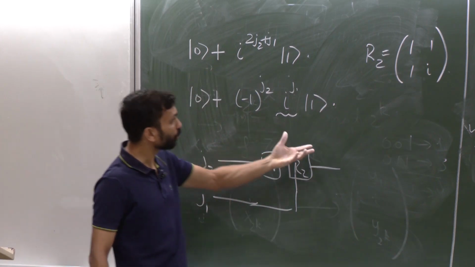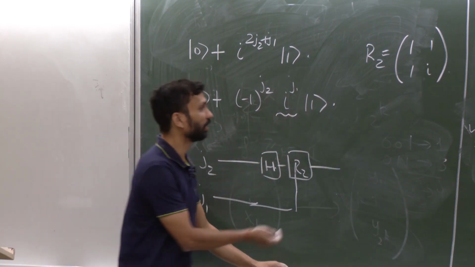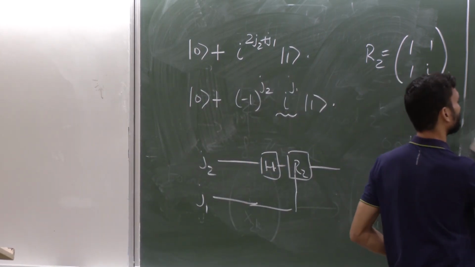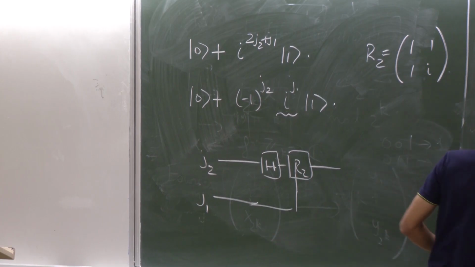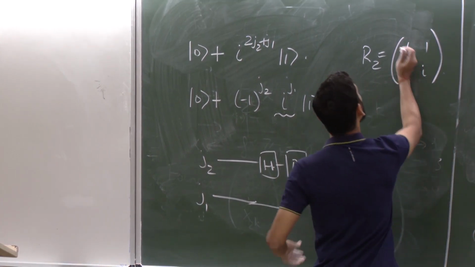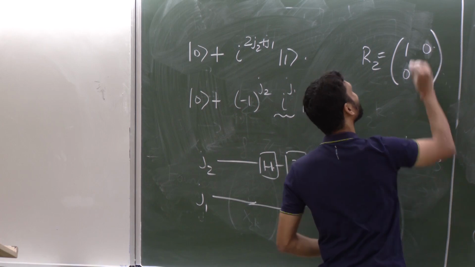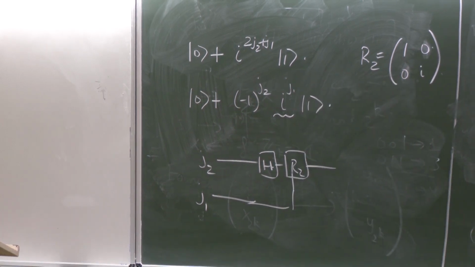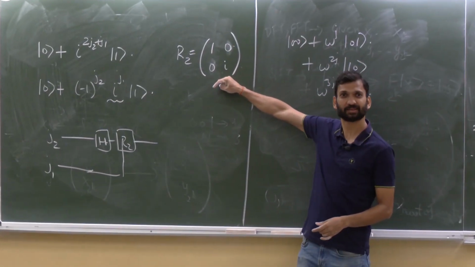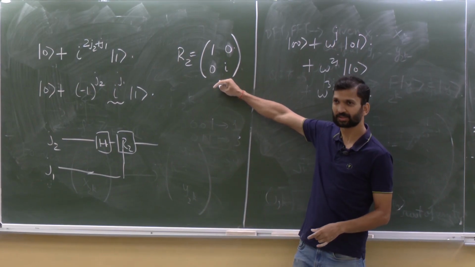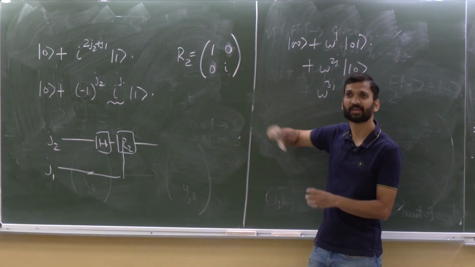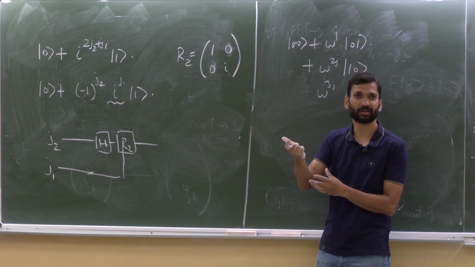So then, how do you apply this? Okay. Sorry, wait. This is a simple gate, right, which just applies phase of i when my qubit is 1.